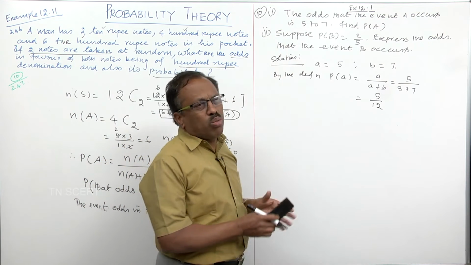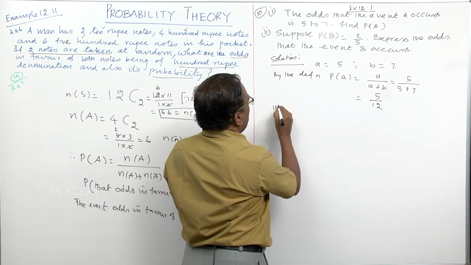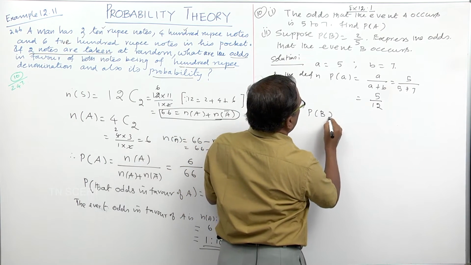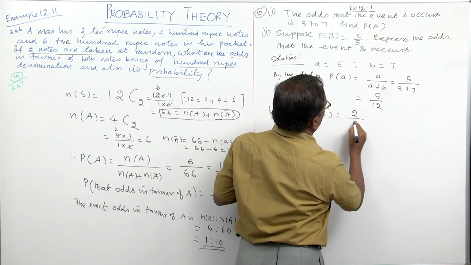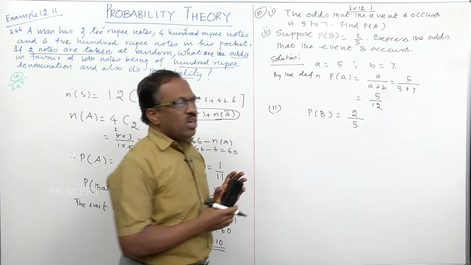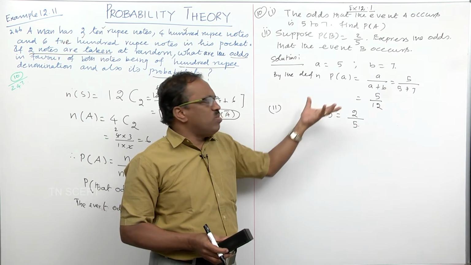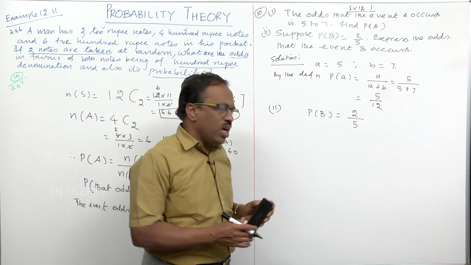The second question is somewhat different. Here, a slight change: probability of B is equal to 2 by 5. Take this into account. The same formula we can adopt here.